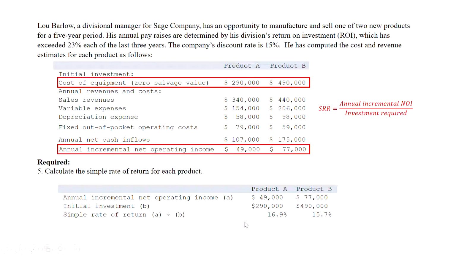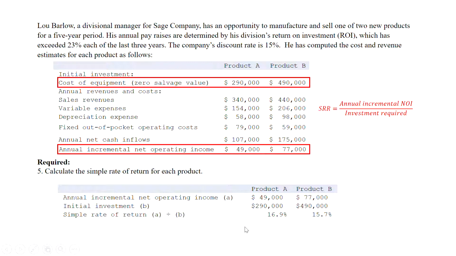So for example, for product A, annual incremental net operating income of 49,000 divided by the initial investment of 290,000 gives me a simple rate of return. This is a percentage. It would be 0.169, which we convert to a percentage, 16.9%. So again, nice advantage relative. I get an overall rate of return. What's a disadvantage though?